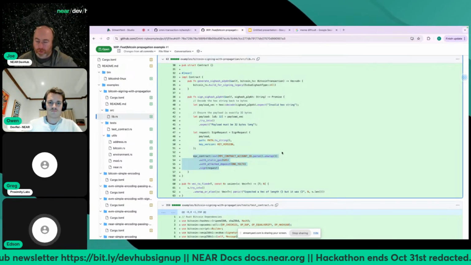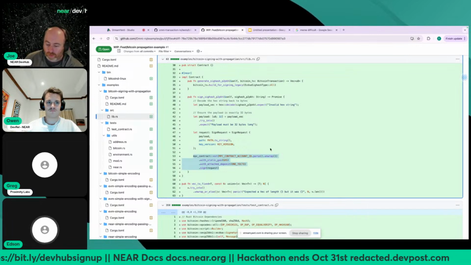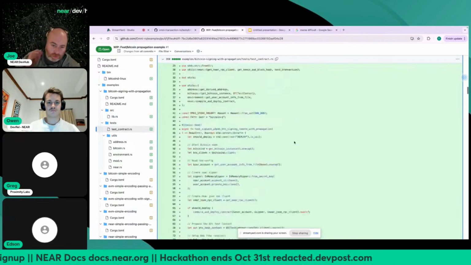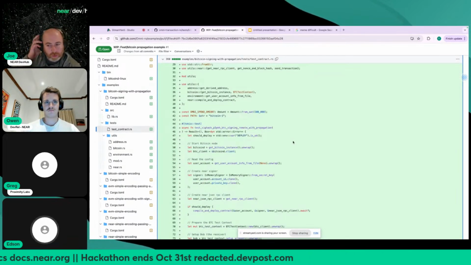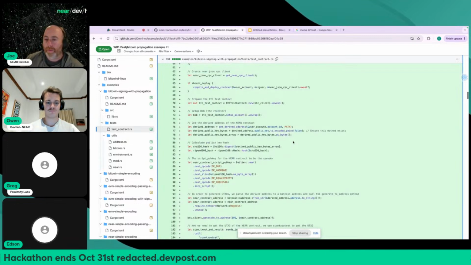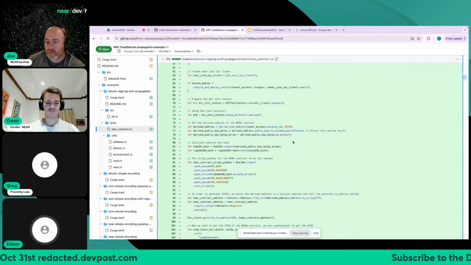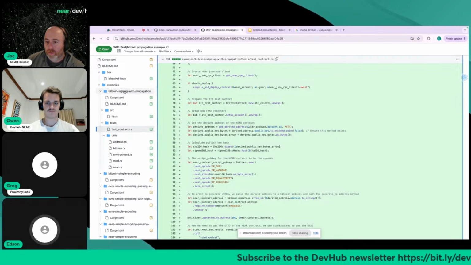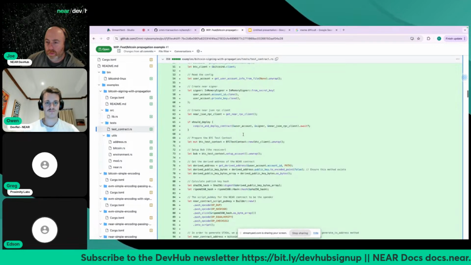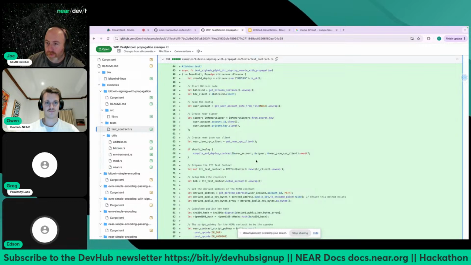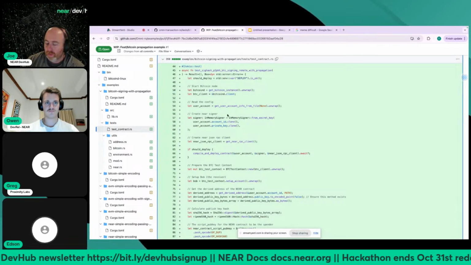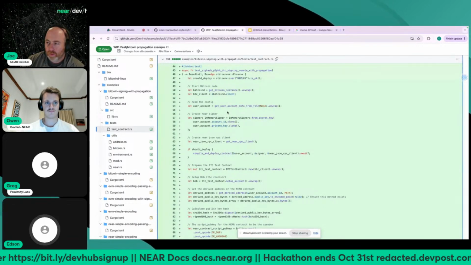But I'll show the flow that I have here, because actually this example is quite good. I'm basically deploying this contract to testnet. This contract, Bitcoin signing with propagation, I'm developing my new contract, and I create an integration test where I'm starting my Bitcoin node.